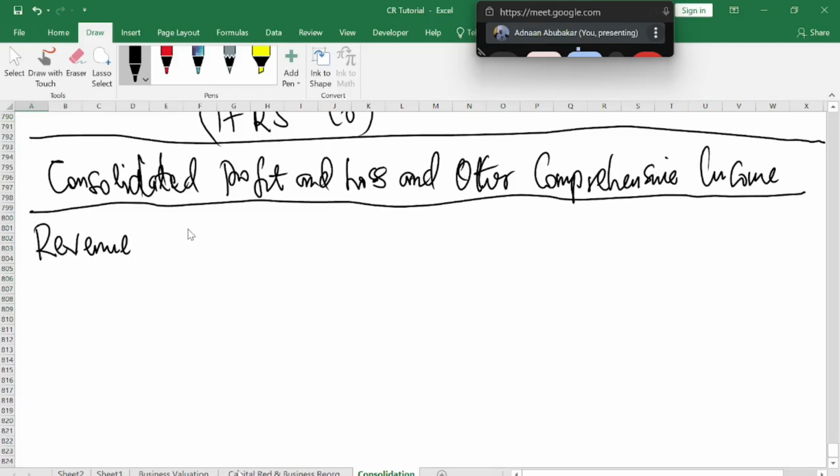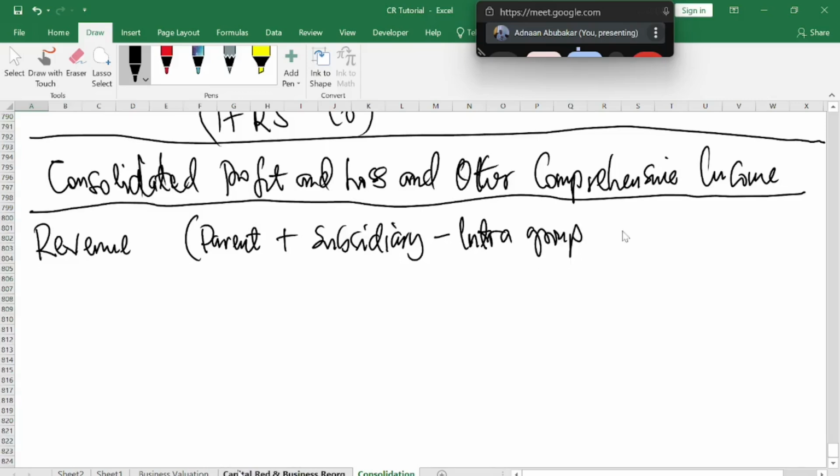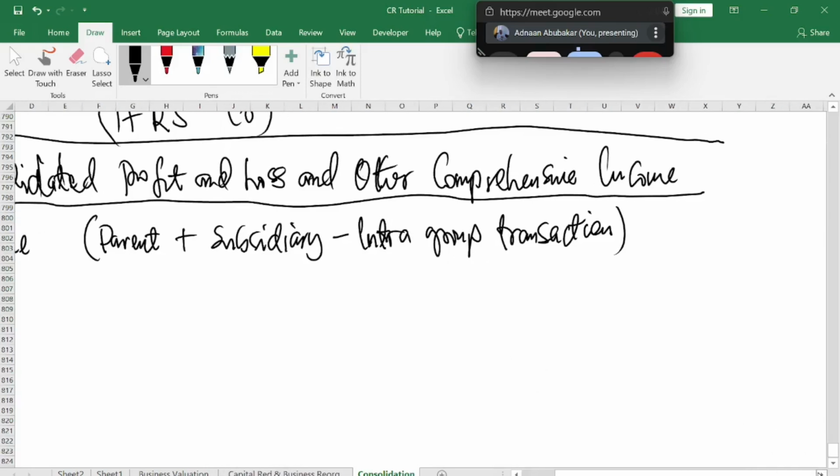First, you have the group revenue. The group revenue is parent revenue plus subsidiary revenue, less any intra-group transactions.